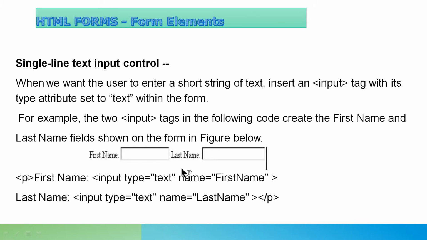This name specifies the name of an input element, and here the input element is first name, so it is given the name first name. Then comes the last name, and here we have the input tag. The type attribute is text. Then the name will be last name, because the last name will be entered here. Then close the P tag.